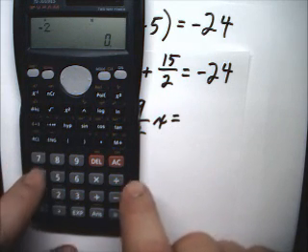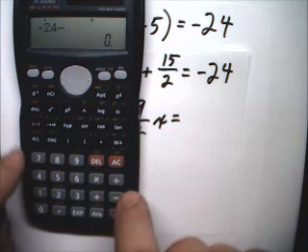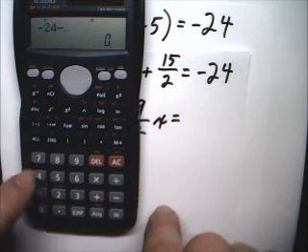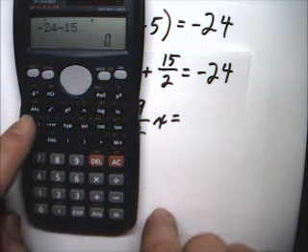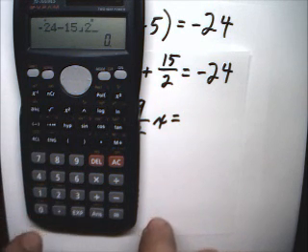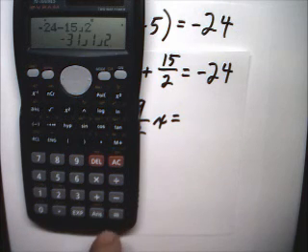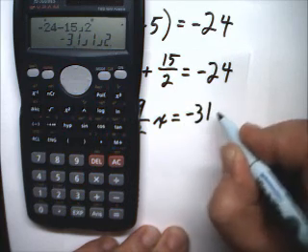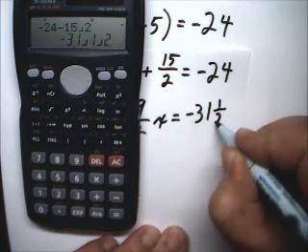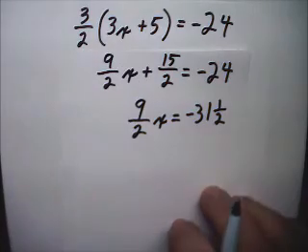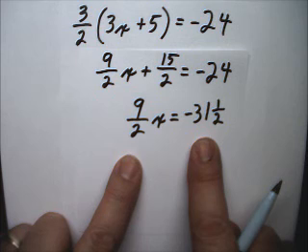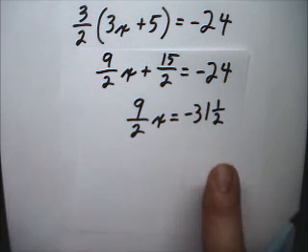So here's -24, take away 15/2. 15, fraction key 2 is 15/2, and that equals -31 1/2. And now we have 9/2 x equals -31 1/2.